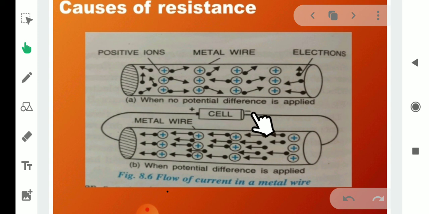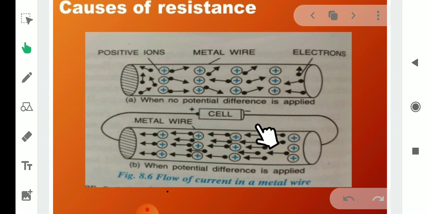When the potential difference is applied, the electrons start moving in a particular direction, from negative towards positive, and the conventional current flows from higher potential towards lower potential.